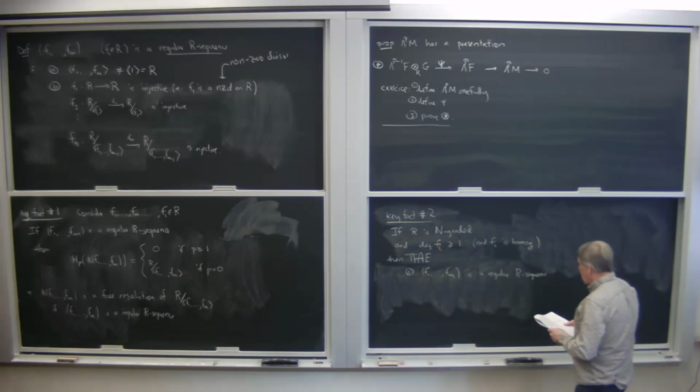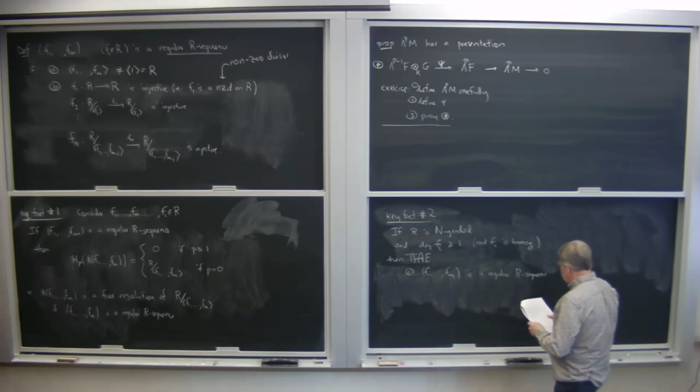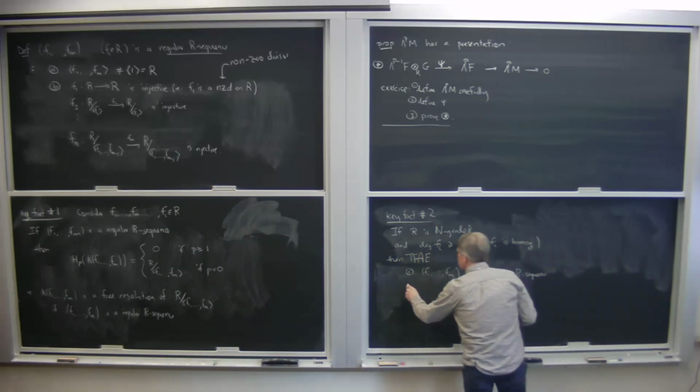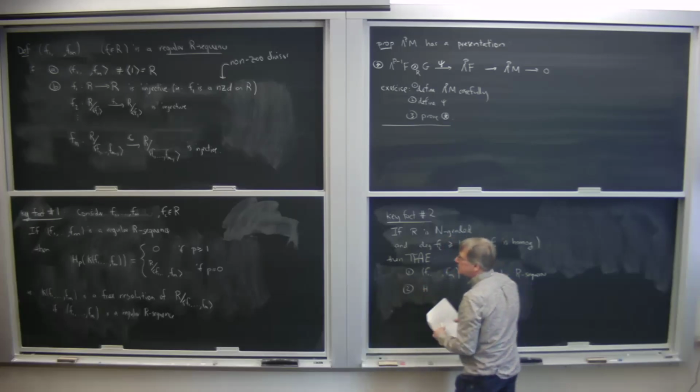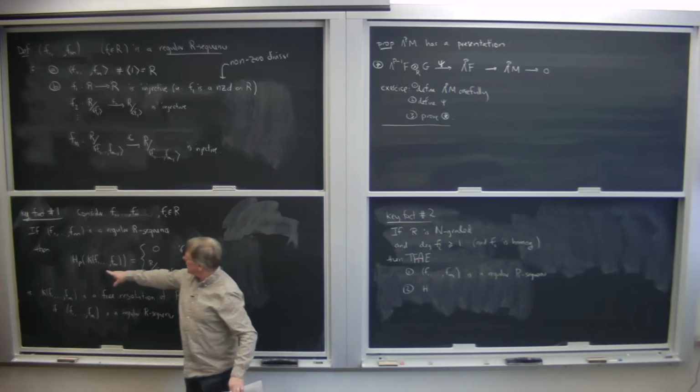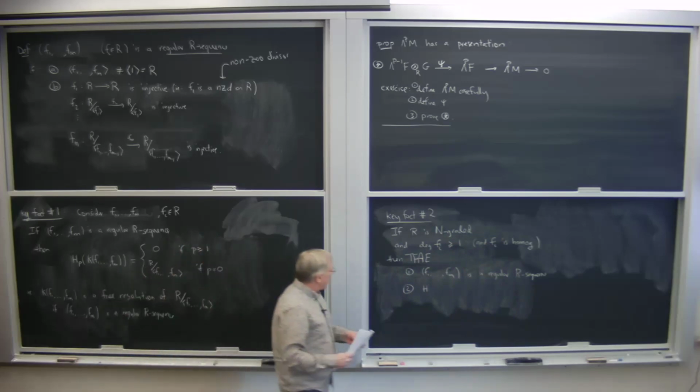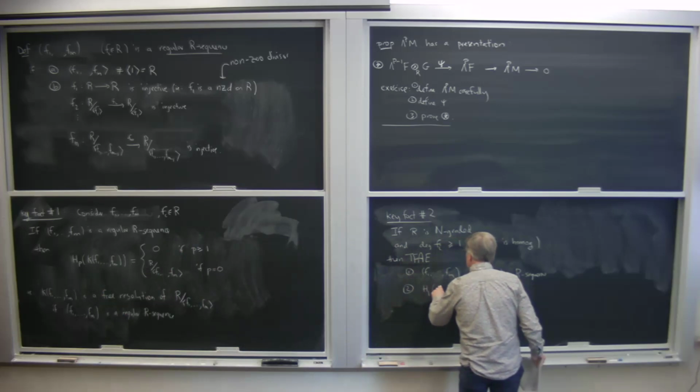But anyway, if it is a regular R sequence, that's condition number one. Condition number two is that we know that if it is a regular sequence, then all these other H's are zero. But in fact, all you have to do is check the first one.